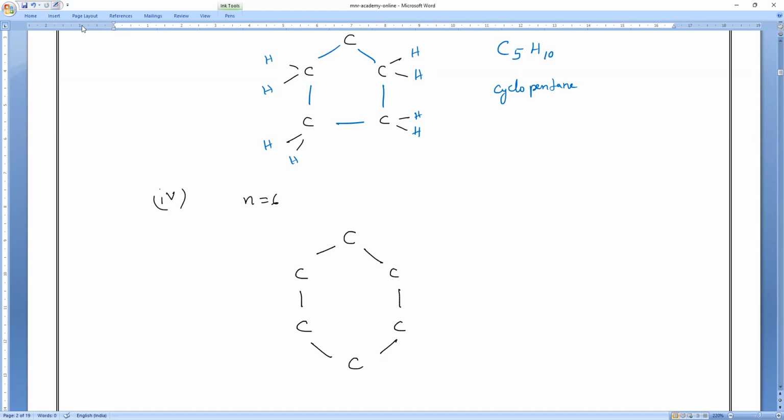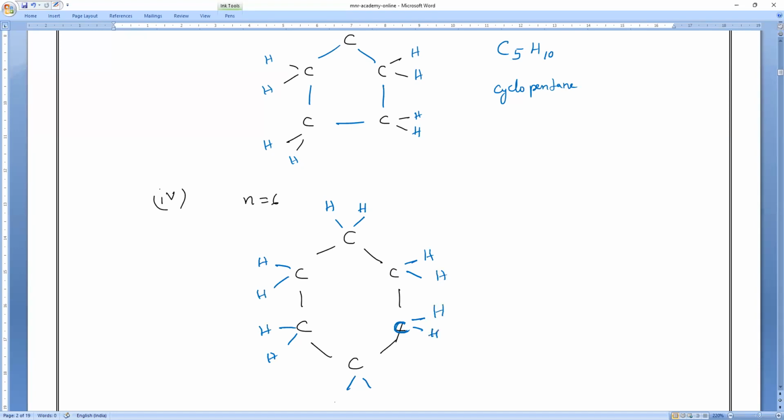Each carbon has 2 bonds satisfied. So each carbon needs 2 more bonds. 2 more bonds need to be satisfied, so that the carbon follows the required number of bonds.